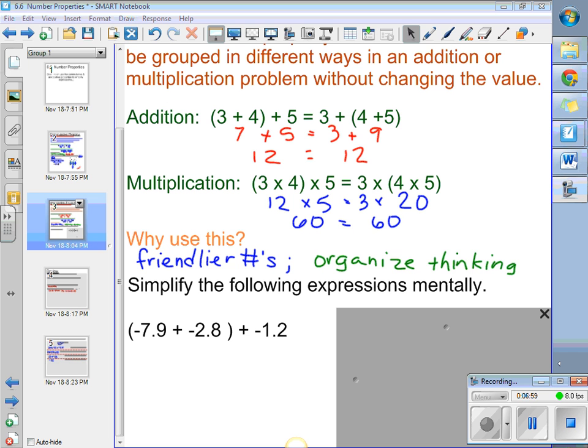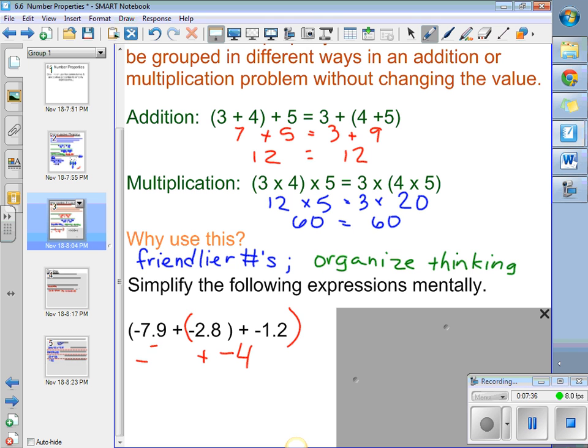All right, so I've got -7/9 plus -2/8 in parentheses plus the -1/2 or 1 2/10. If I put these two together, I'm again going to get the 8/10 and the 2/10 to give me a whole, plus I then have the -2 plus the -1 plus the whole that I got from putting my 8/10 and my 2/10 together, which is going to give me a -4.